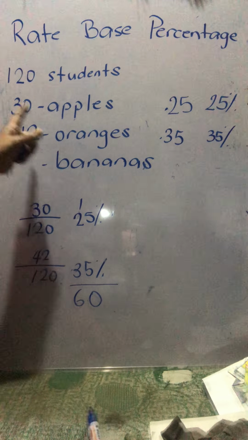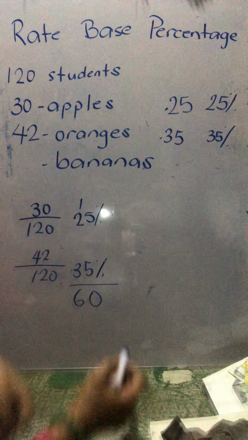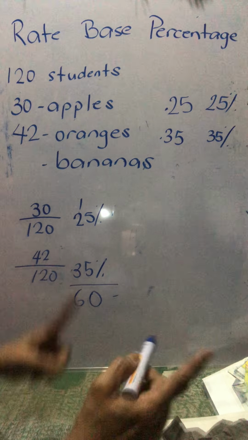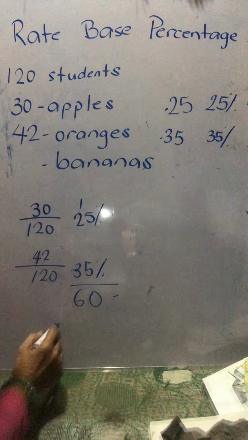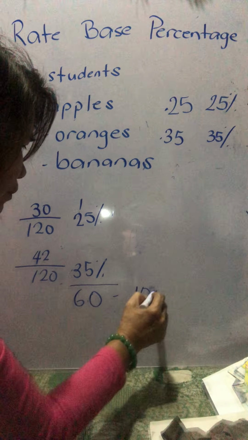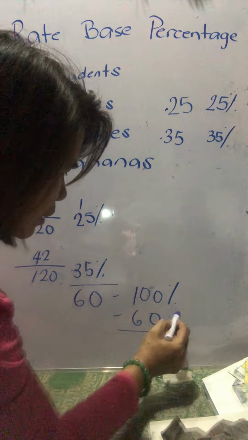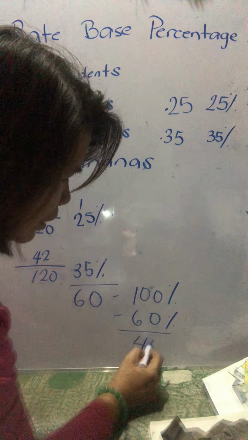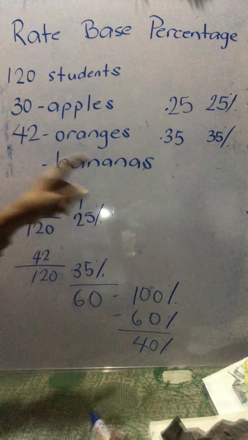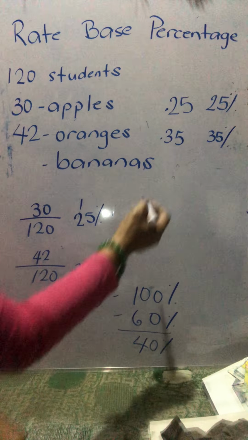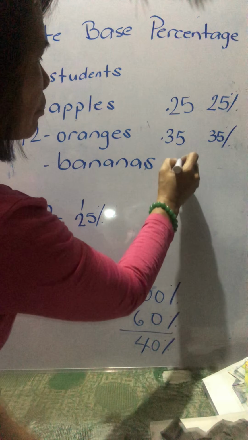Okay. So, sa ginagawa natin ito, we always see to it now 100%. Okay? So, sa 100% minus 60%, how much is left? That is 40%. So, ibig sabihin itong dito sa banana, this is now 40%.